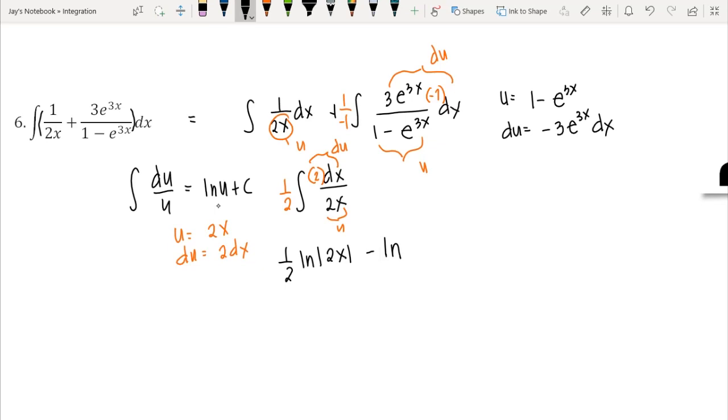And in this case, our u is 1 minus e raised to 3x. Correct? Then, we have plus the arbitrary constant c. So this is now the integration of 1 over 2x plus 3e raised to 3x over 1 minus e raised to 3x dx. And that ends the discussion for the exponential rule and the natural logarithm.